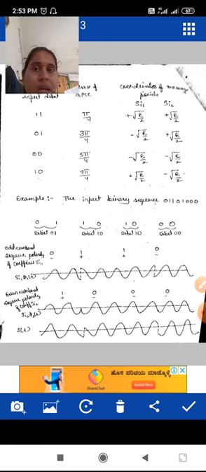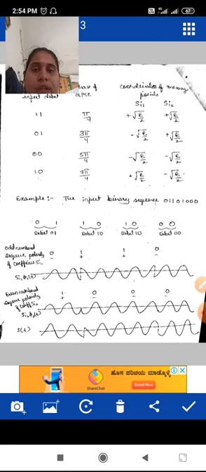Two bits are taken at a time and modulated, and the signal transmitted with respect to 1 1 is again a carrier with a phase shift of pi by 4. So the coefficients with respect to 1 1 are root of E by 2, root of E by 2. Then for 0 1 it is a 3 pi by 4 phase shift, for 0 0 it is 5 pi by 4, and if the dibits are 1 0 it is 7 pi by 4.